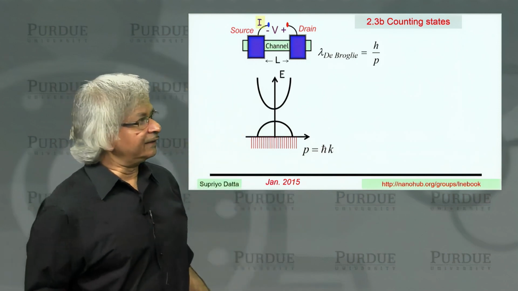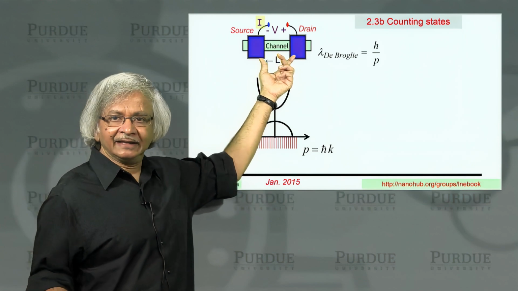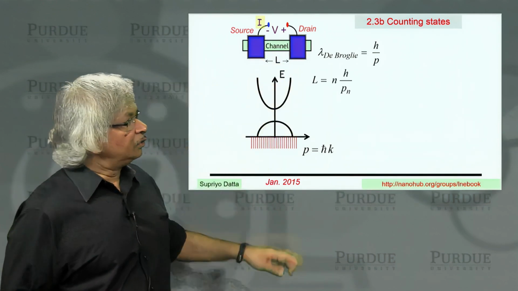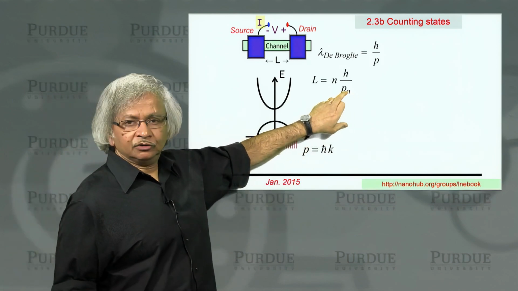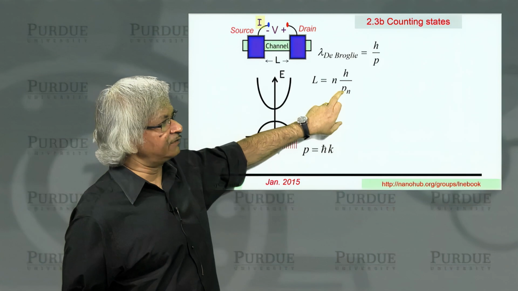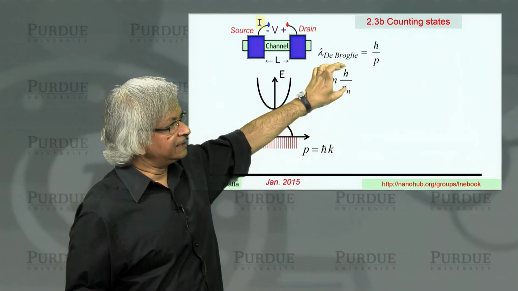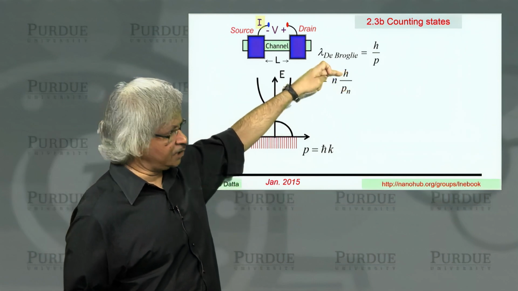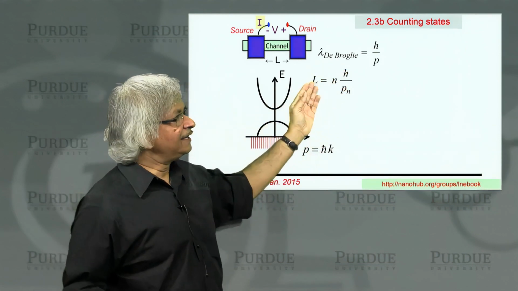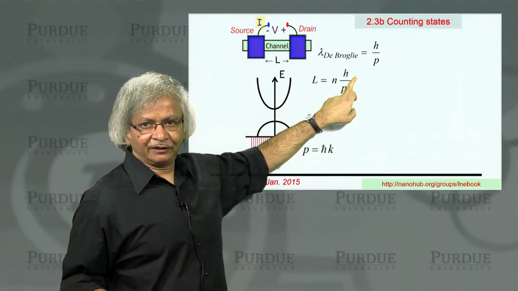So what we argue is, if you have a solid with a given length L, then only certain momenta are allowed. An electron cannot have any momentum. It can only have certain values P sub n, such that the corresponding wavelength is h over Pn, and the length of the solid is an integer number times the wavelength.